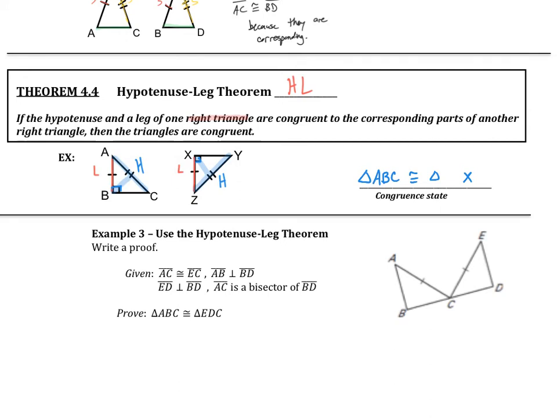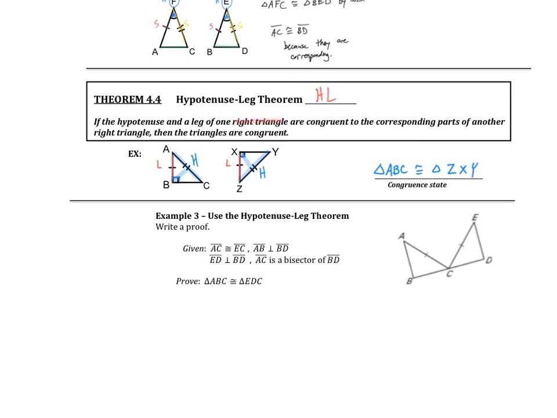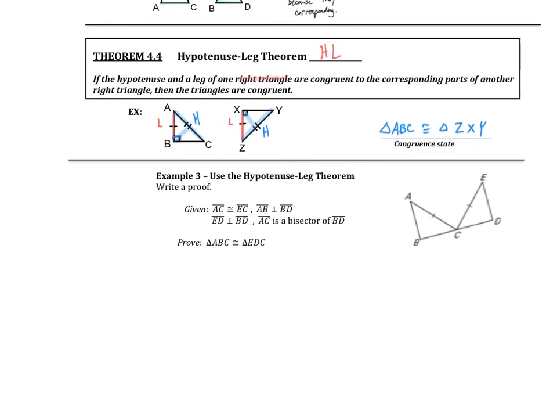The other red line is ZX. So AB and ZX have to match up. So it'll be triangle ABC congruent to triangle ZXY, because you're matching up the corresponding sides and angles. The right angles match up, the two red sides match up, and the blue sides match up. This has hypotenuse leg: right triangles, and we got to show that a hypotenuse is congruent and one of the legs are congruent.